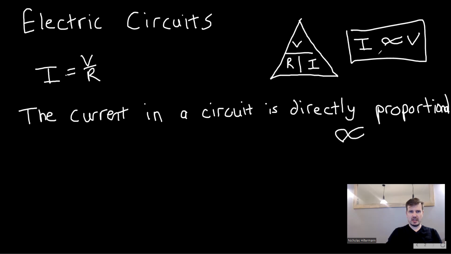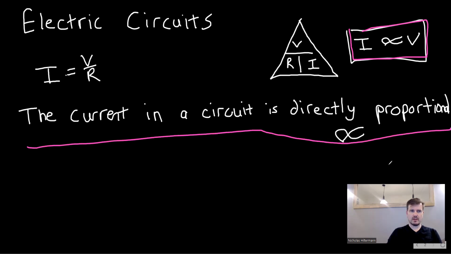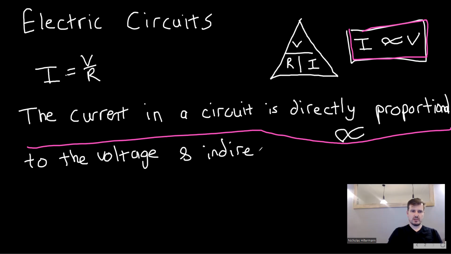That is shorthand for this whole thing here. It's directly proportional to the voltage, and indirectly proportional to the resistance. Because as the resistance goes up, the current goes down. Why? Well, current is the flow of electrons.